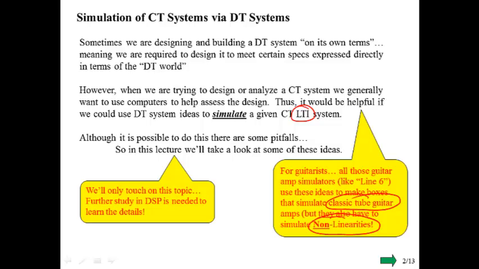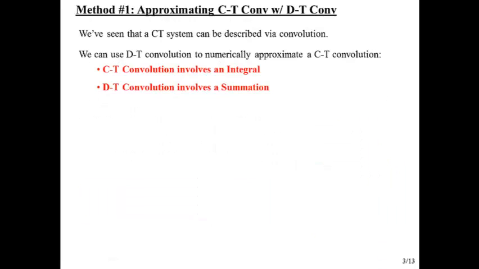So the two methods that we're talking about here are well-founded, but there are some gotchas, so you kind of need to understand them. They're not universally applicable. So we're going to start thinking about this from the convolution point of view, and then the second method will be more of a frequency domain or transform domain approach.